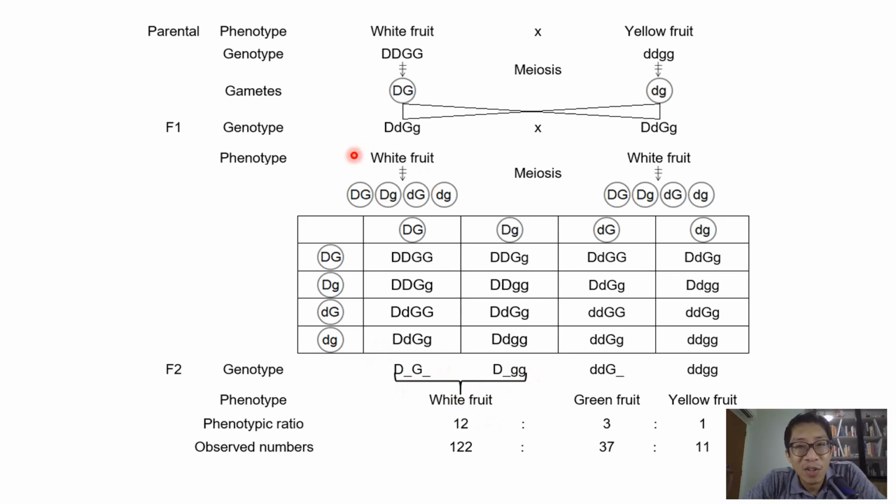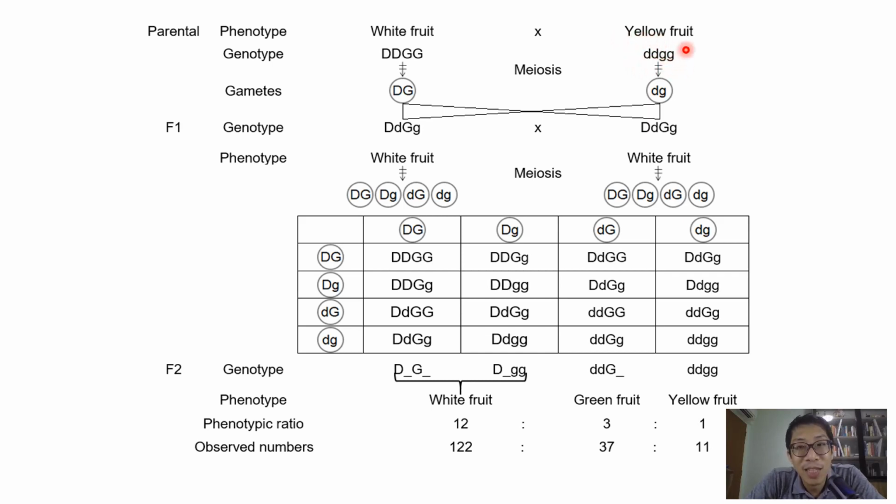Okay, and in order for you to have a double heterozygote, these are the two parental genotypes that are possible. For the yellow fruit, it must be small d, and it also must be small g in order for it to be yellow.